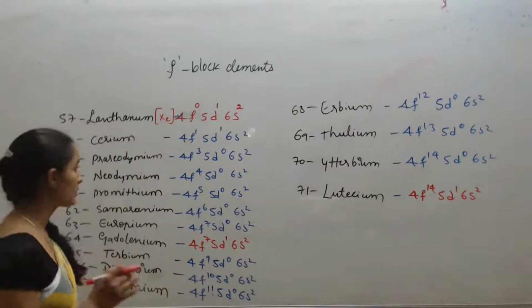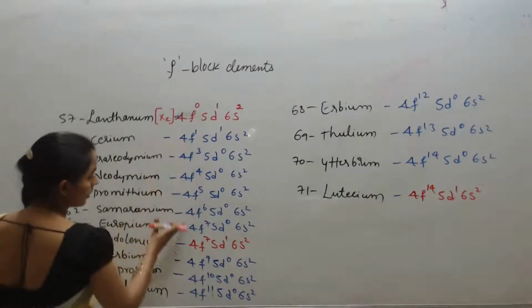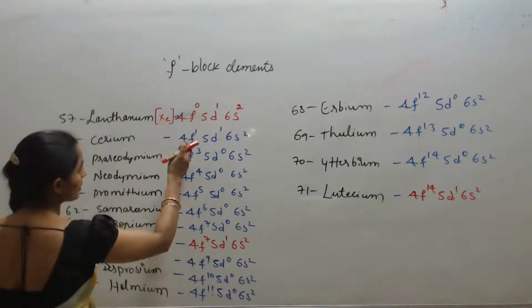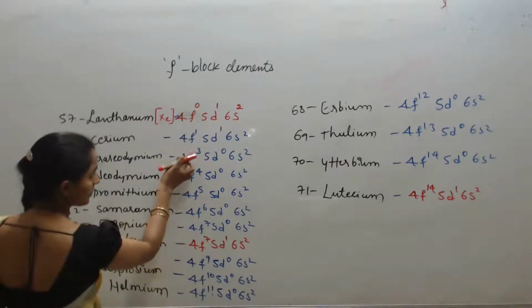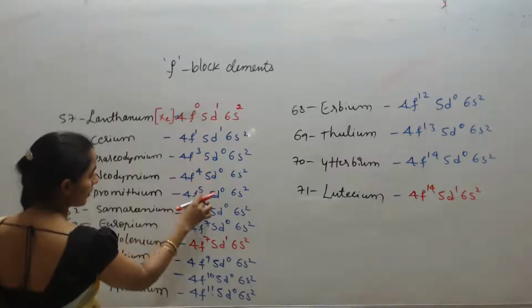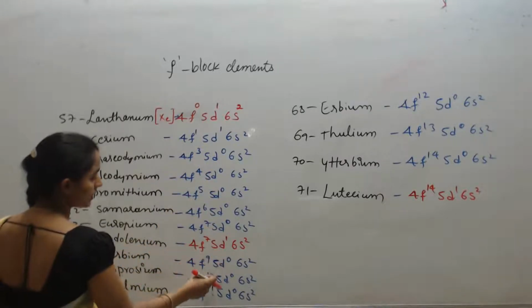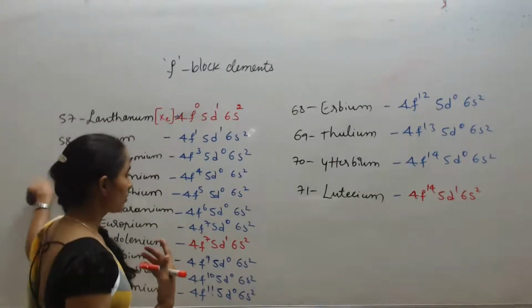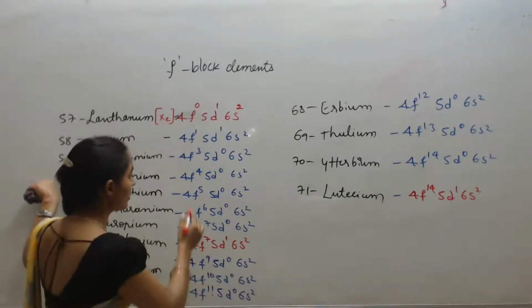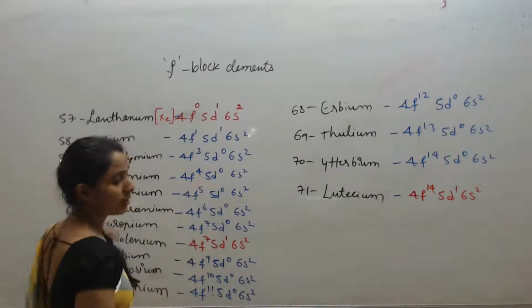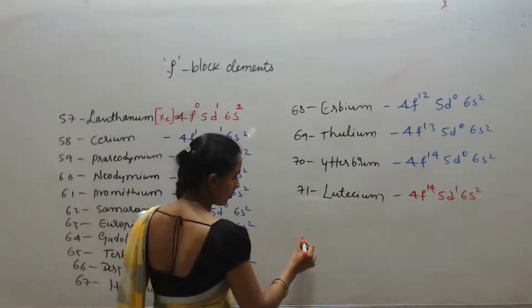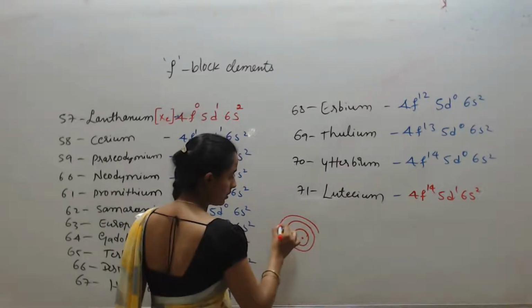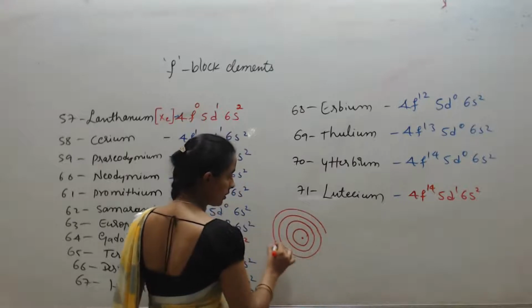So students, as we keep on adding electrons, the addition of electron takes place into F subshell: F1, F3, F4, F5, F6, F7, F9, 10, 11. As the atomic number increases, the extra electron enters into what? S subshell. Okay. Here one nucleus is there. This is S orbital, P orbital, D orbital, and F orbital.